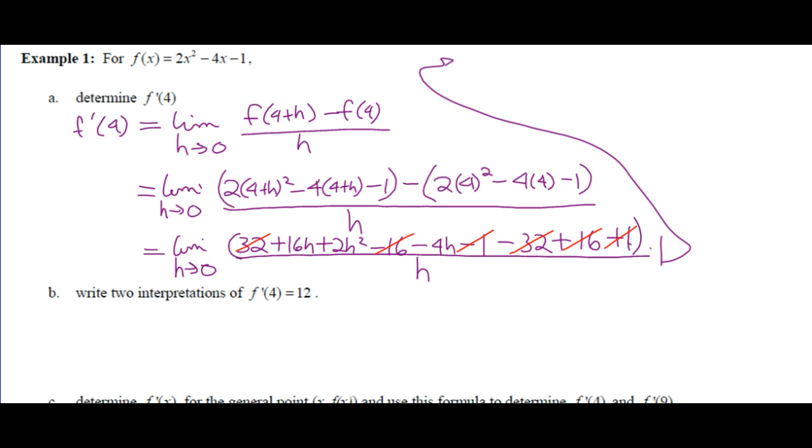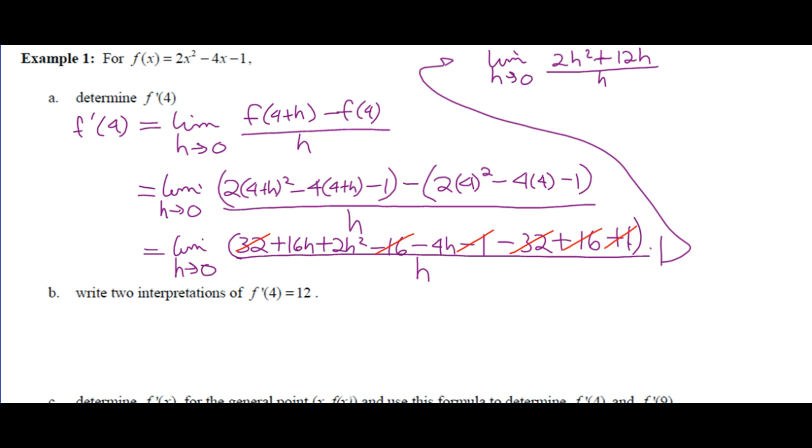2h squared plus, okay, 16h minus, so 2h squared plus 12h? Yes. Okay. So we've got the limit as h approaches 0 of 2h squared plus 12h over h.